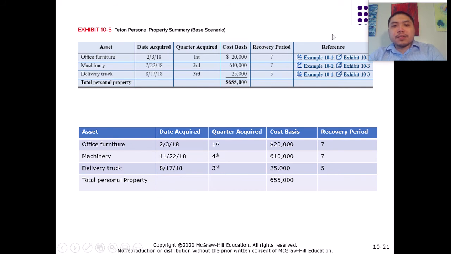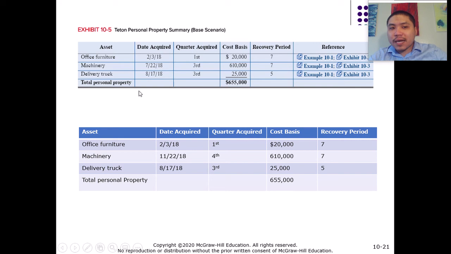And here is the cost basis of all of these assets. For office furniture, the cost basis is $20,000. For machinery, the cost basis is $10,000. For the delivery truck, the cost basis is $25,000, right? But let's look at the quarter acquired.